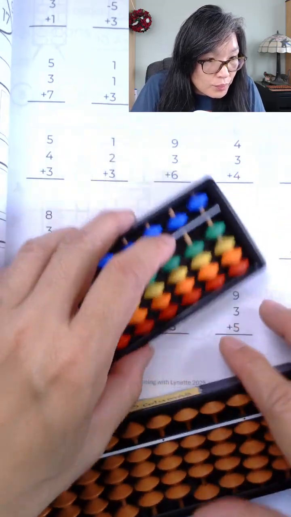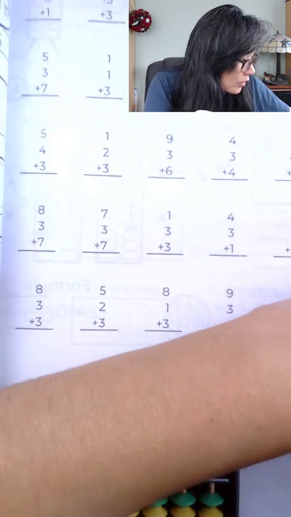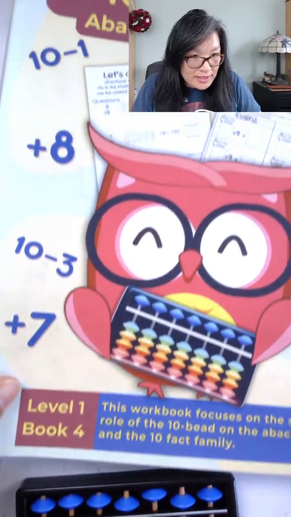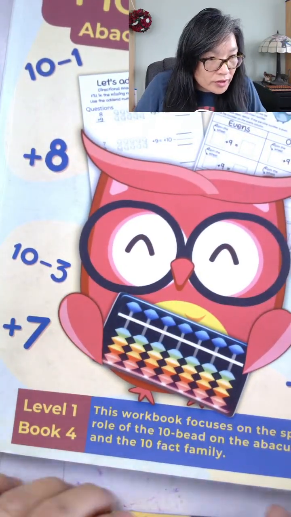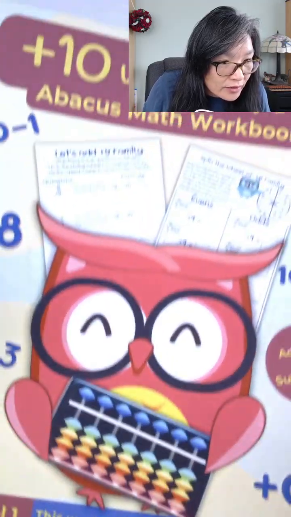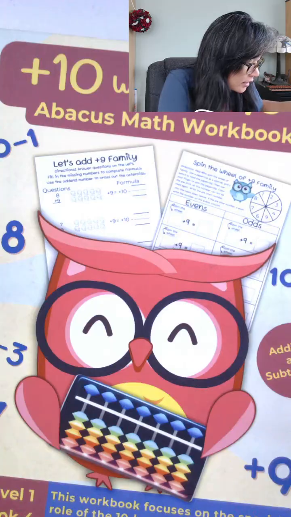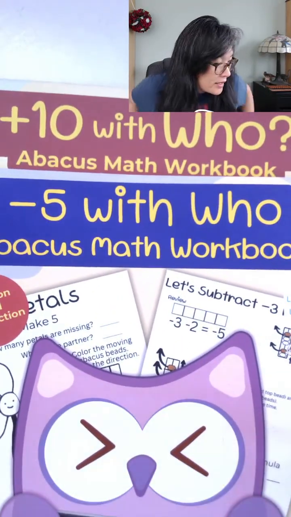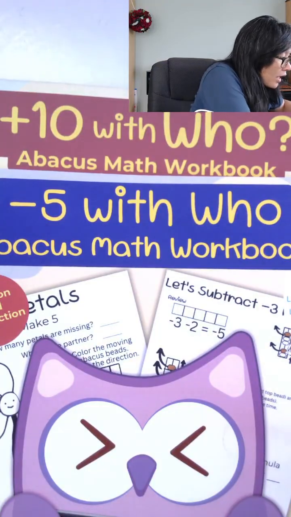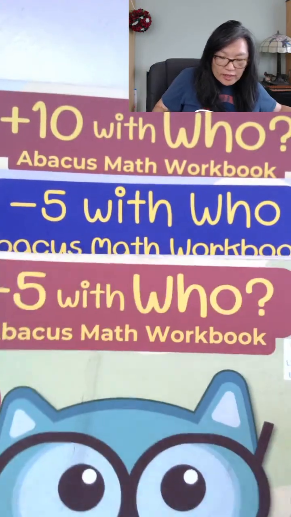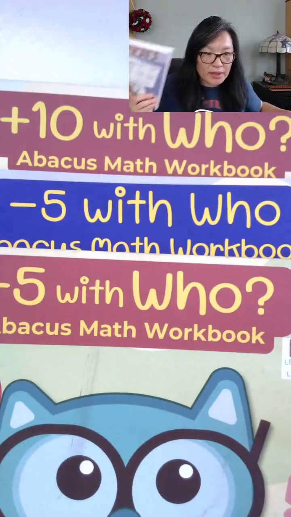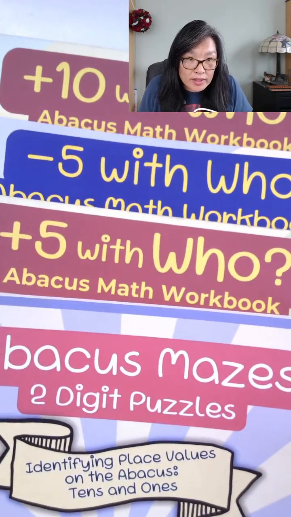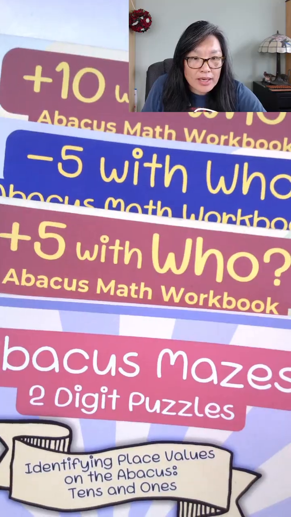So, what book are you using with the one without? I have a whole series. So this one is the plus 10. Okay, yeah. So this is the order I would go, right? Because your child is 9, I would recommend doing it this way, if that makes sense.